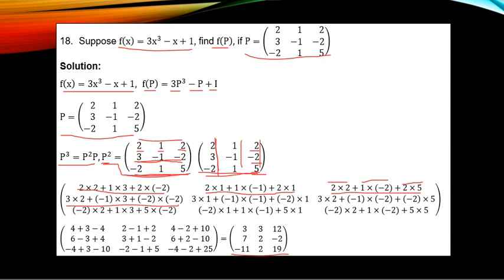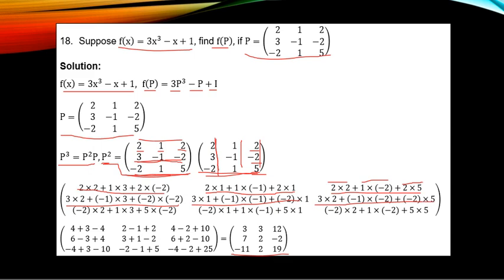The same second row times the second column: 3 times 1, minus 1 times minus 1, minus 2 times 1. The same second row times the third column, you have this.